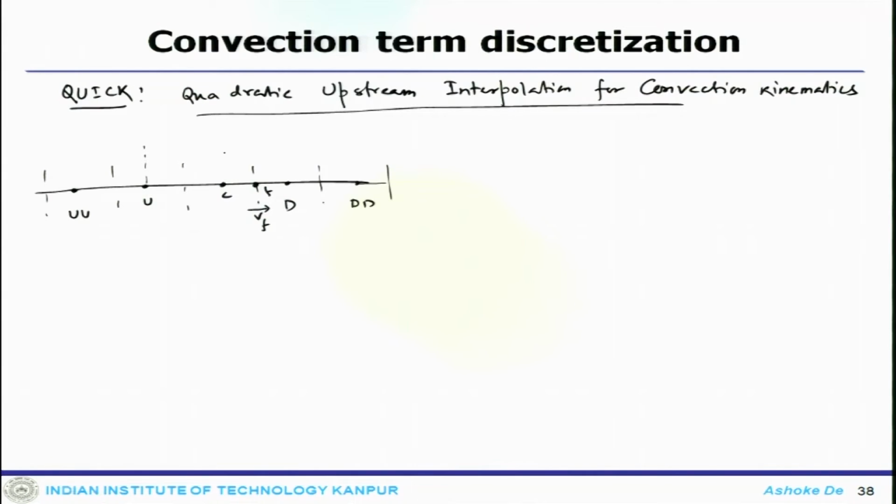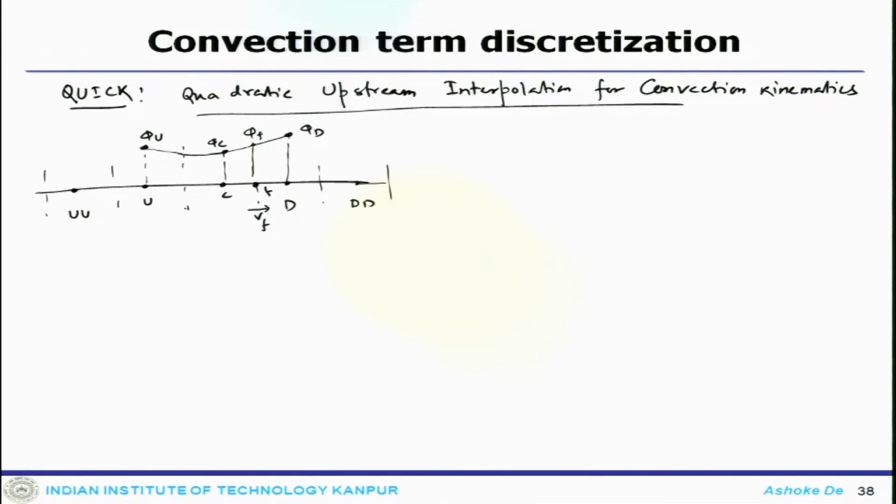So, using this and this value, one can calculate the profile. So, this is phi c, phi f, phi d, phi u. All the information of the neighboring elements is taken into consideration.